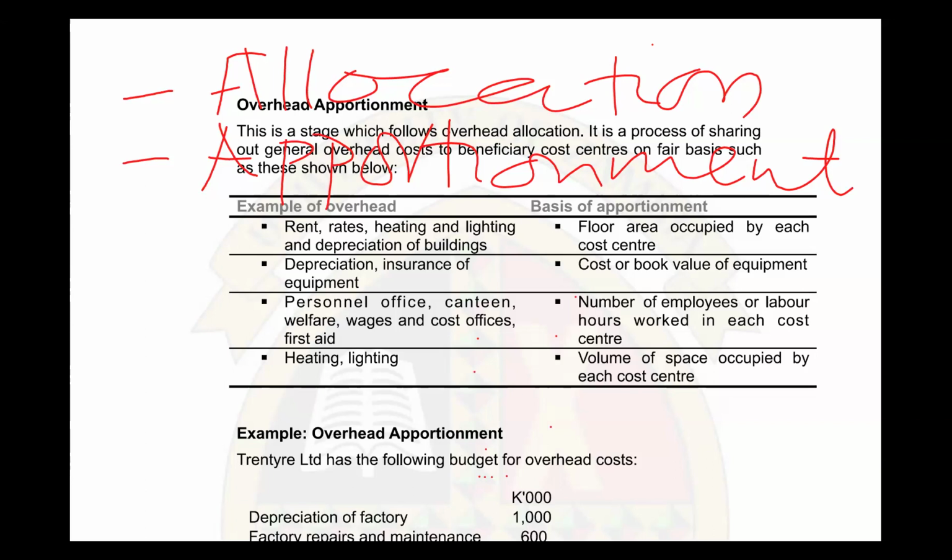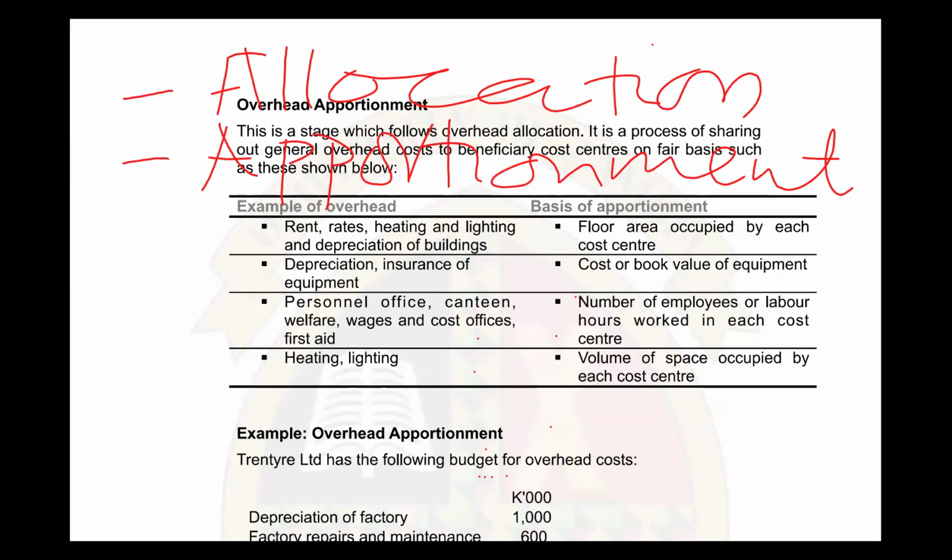I am saying that when you are doing the apportionment, you just apportion to all the departments, regardless of the nature of the department, whether it is a service department or a supporting department. You don't care whether it's a supporting department or a production department.